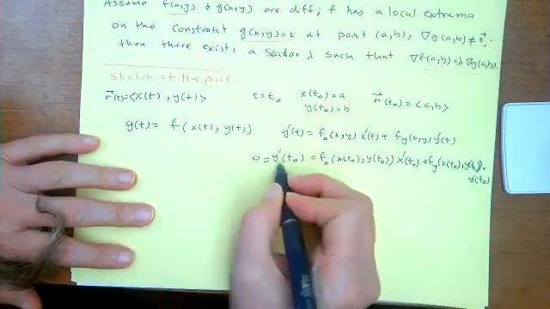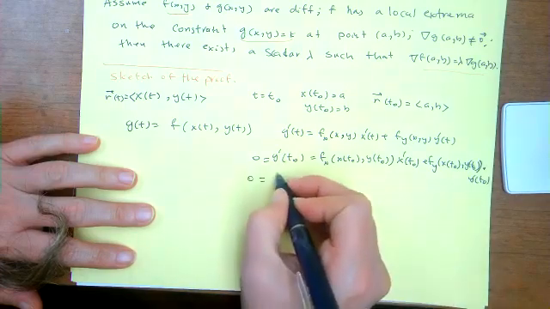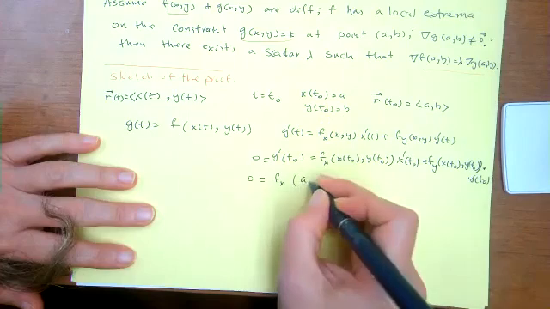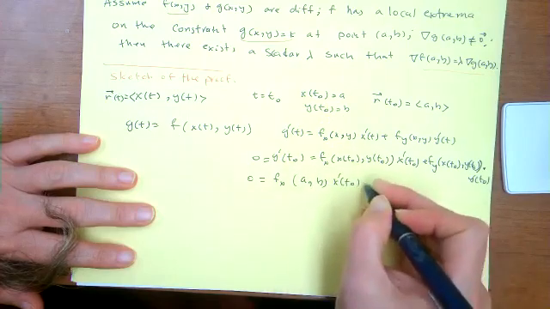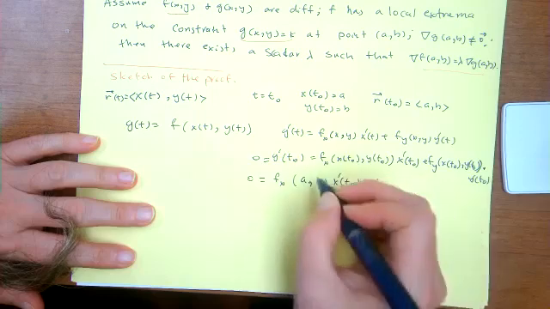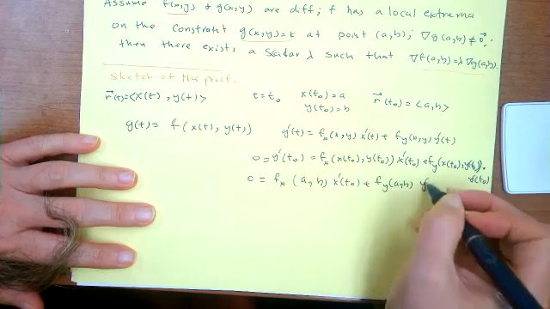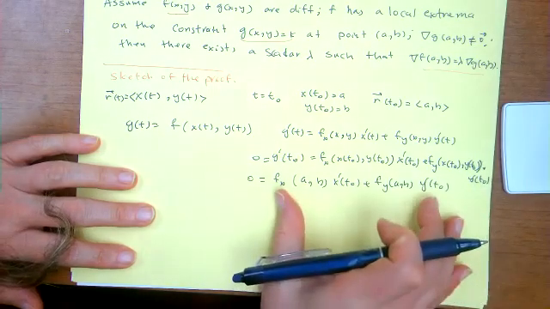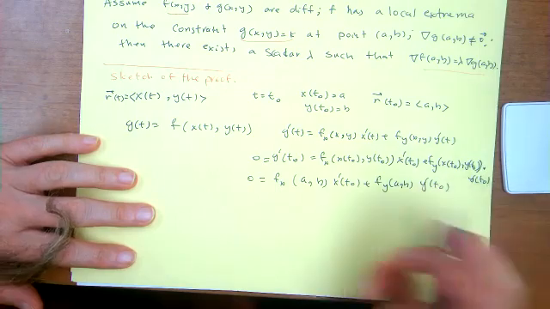Let's rewrite it. 0 is equal to f sub x at a and b, since x of t0 is a and y of t0 is b, times x prime at t0, plus f sub y at a and b, again same reasoning, times y prime at t0.